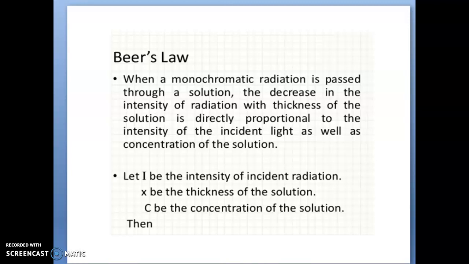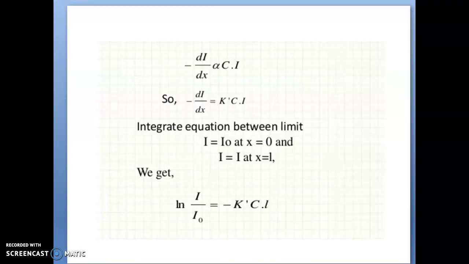Let I be the intensity of incident radiation, x be the thickness of the solution, and C be the concentration of the solution. So we can write minus dI by dx is directly proportional to the concentration times the incident radiation. Changing the proportionality sign, minus dI by dx is equal to k dash into C I.